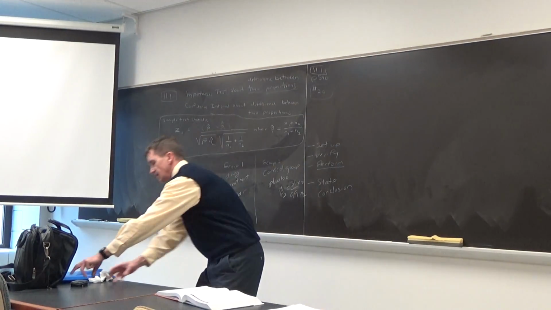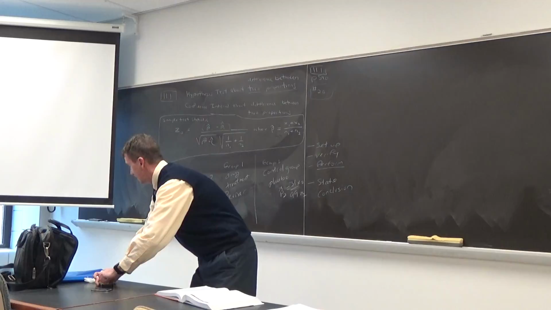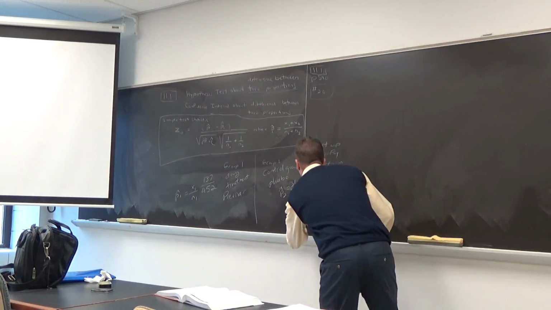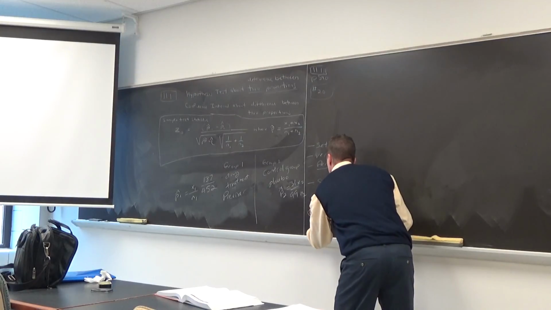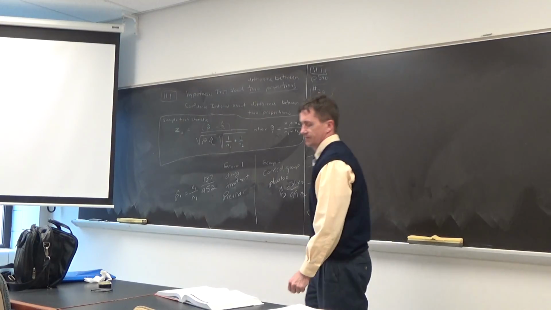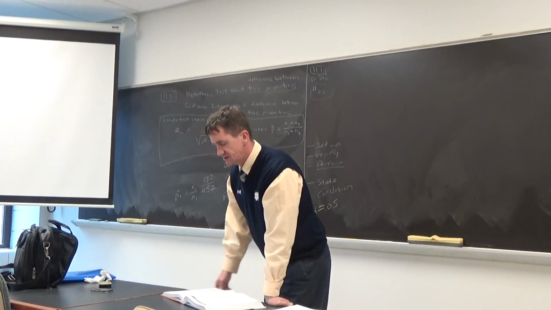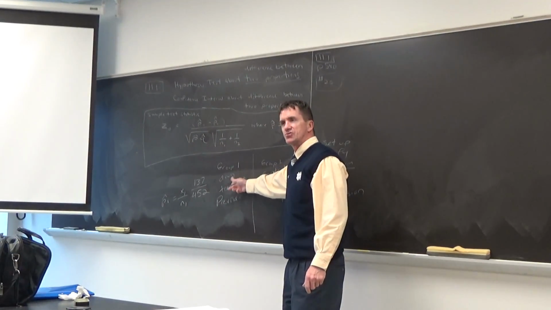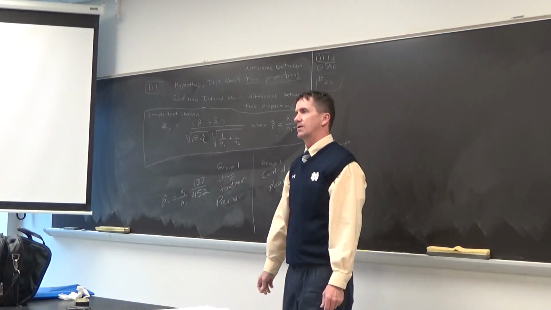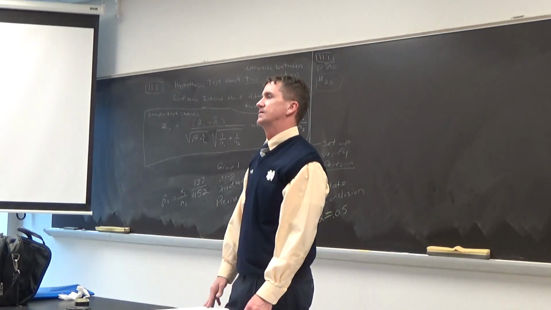Put that level of significance down. For this problem, alpha equals 0.05. That's your level of significance. Read the question again. Does the evidence suggest that a lower proportion in this group experience drowsiness than this group? That's what we're running.